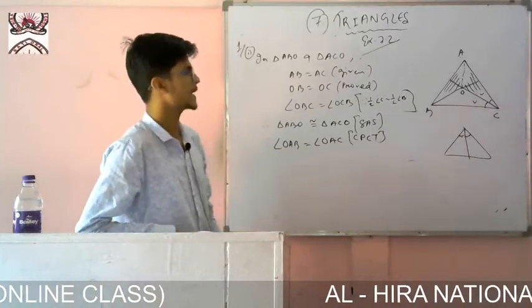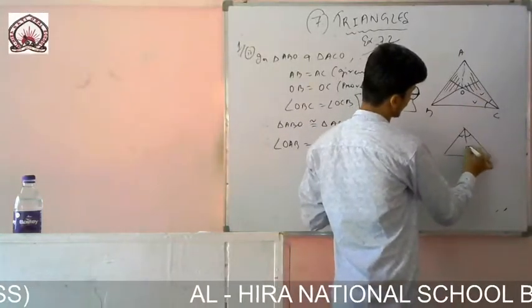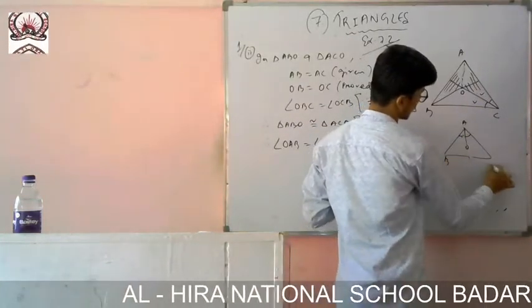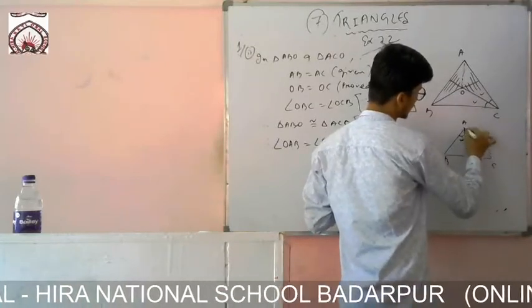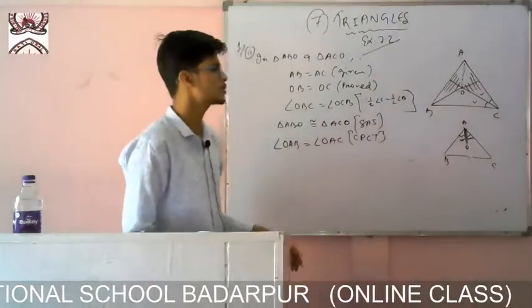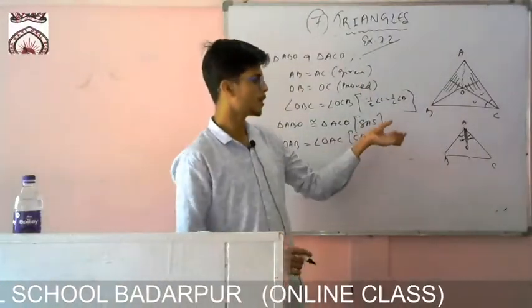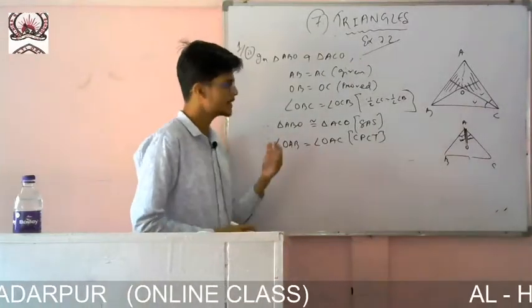If these two angles are equal, you see here what I said earlier, this is O, this is A, and this is B. These two angles will be equal if and only if this line bisects this angle into two equal parts. So that means OAB is equal to OAC.